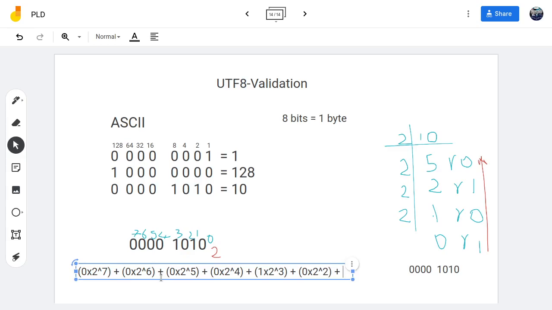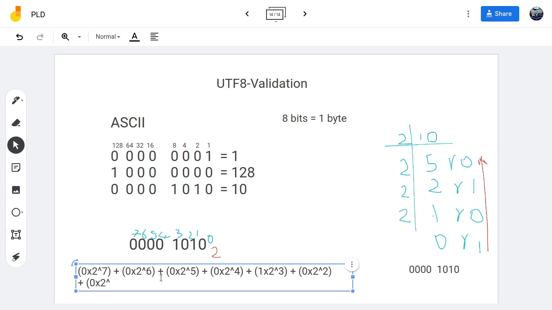Plus 1 times 2 raised to power 1, which is 1. And then we now have 0 times 2 raised to power 0.